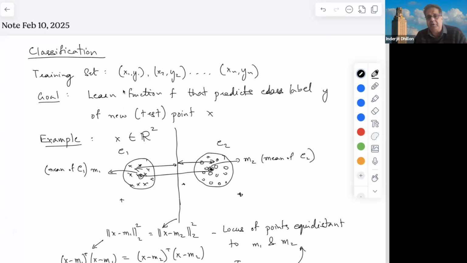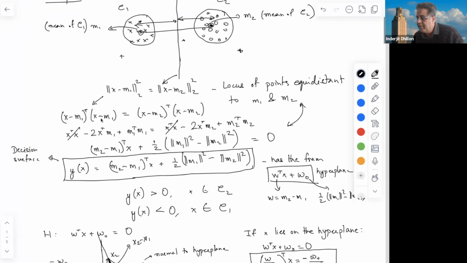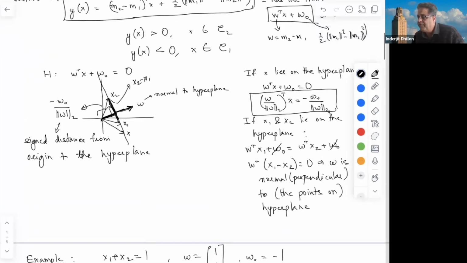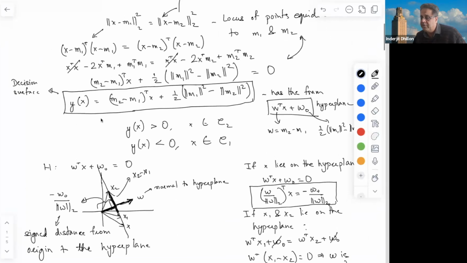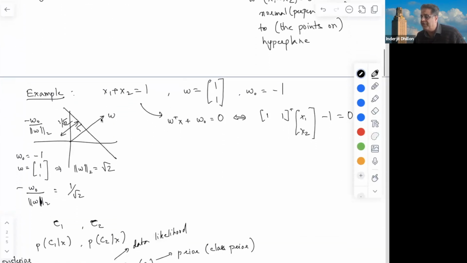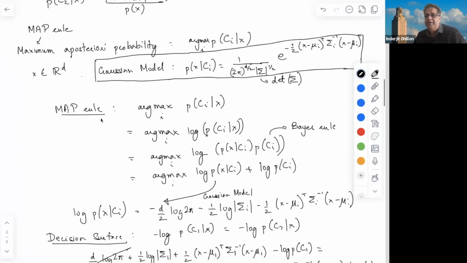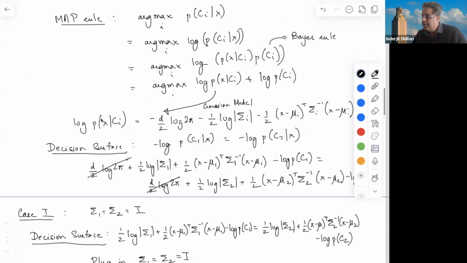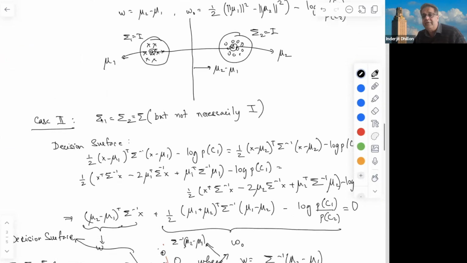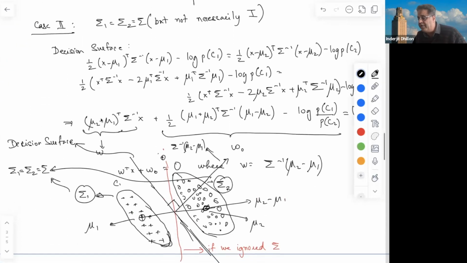So this method will work well if my modeling assumption is accurate. For example, my modeling assumption being that you have a Gaussian model for each class. And if that is indeed true, and you can test it out by creating synthetic data that comes from this Gaussian model, then of course you will get these surfaces.